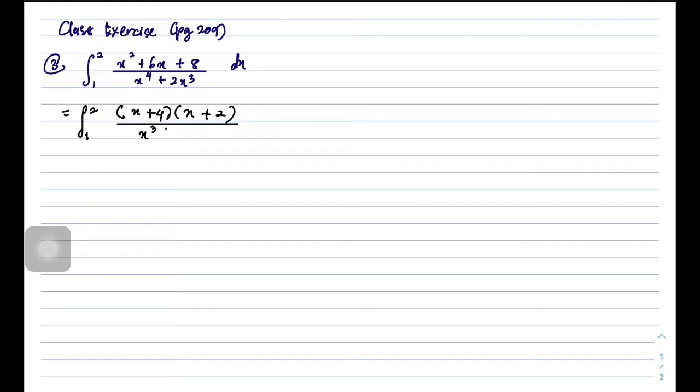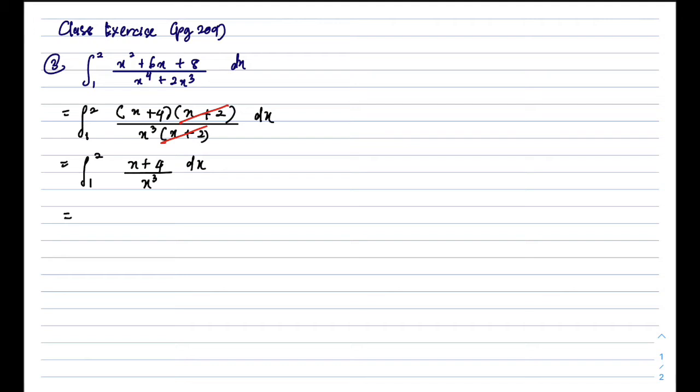We take out x to the power of 3, then what is left is (x plus 2) dx. What you have to do next is cancel out the common factor, x plus 4 over x to the power of 3 dx.